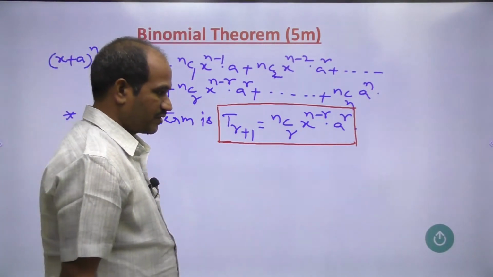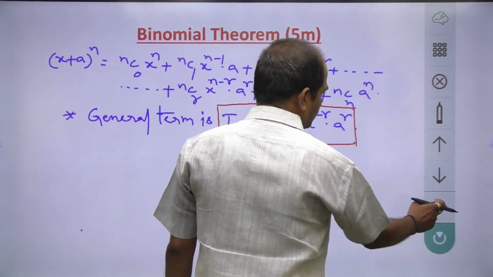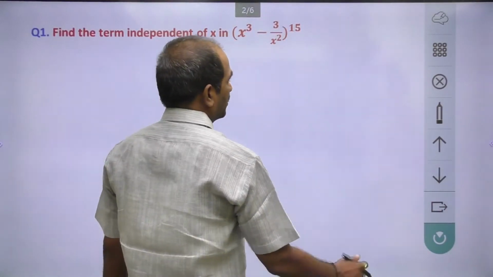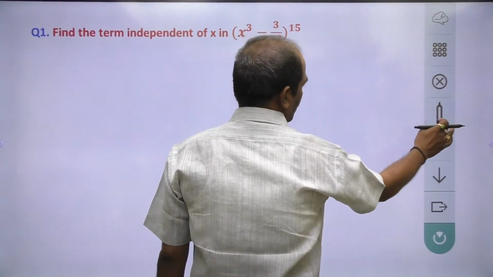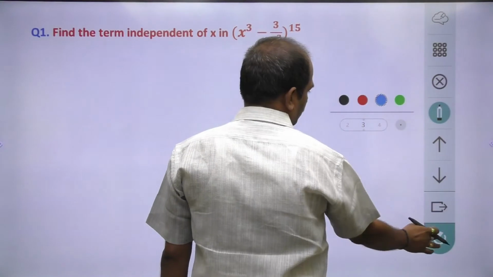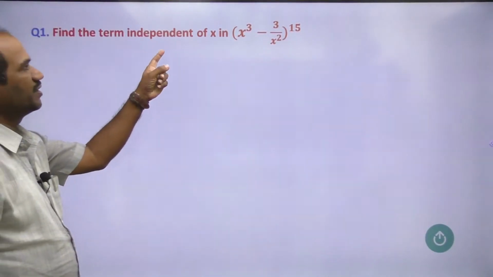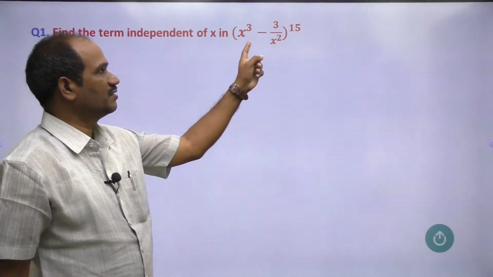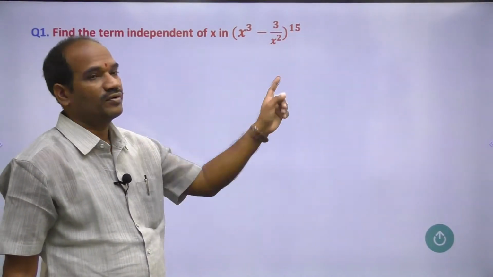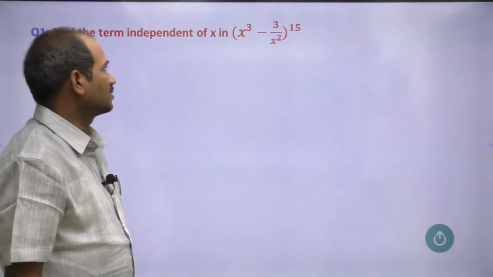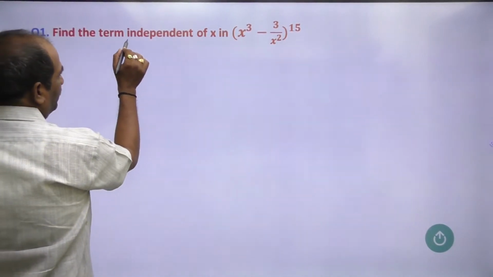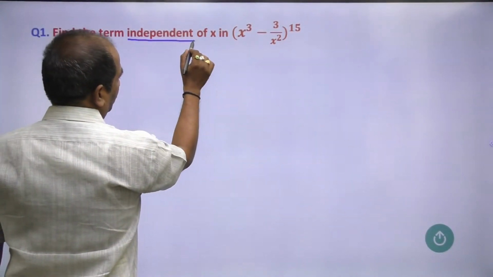Next problem, first question. Find the term independent of x in (x^3 - 3/x^2) whole power 15.